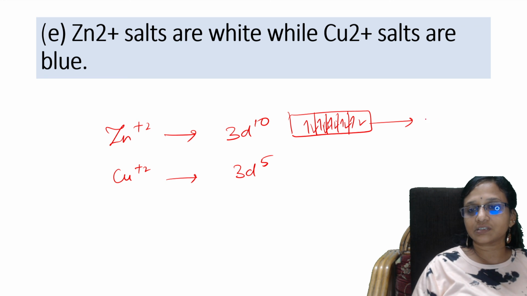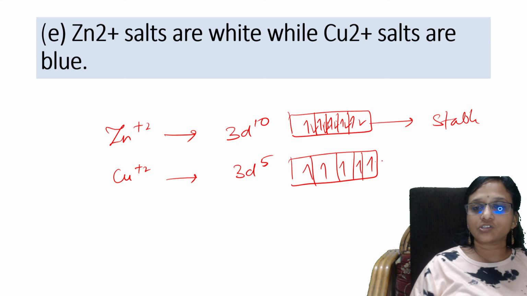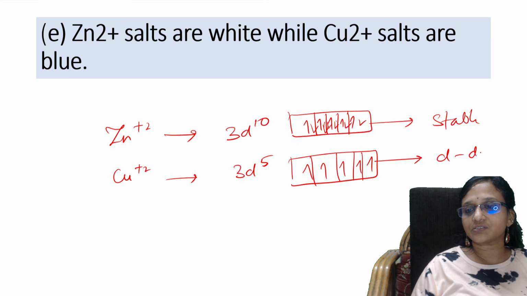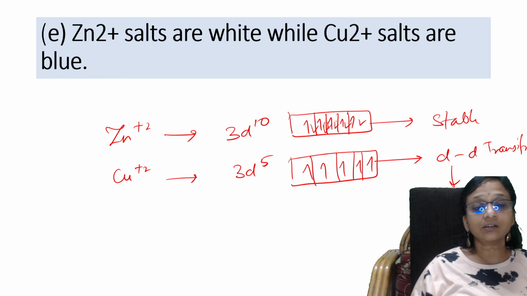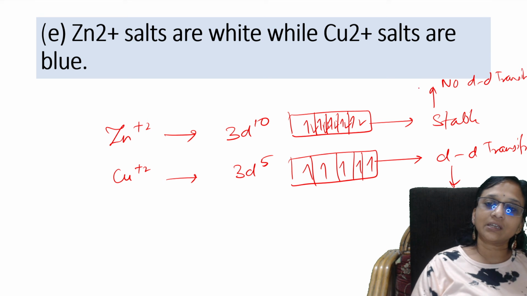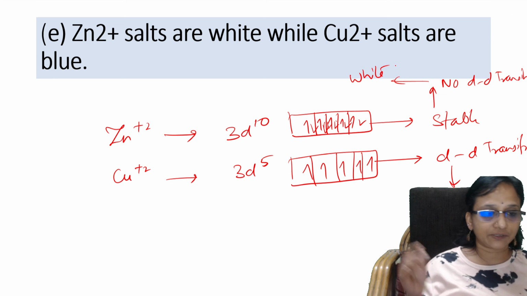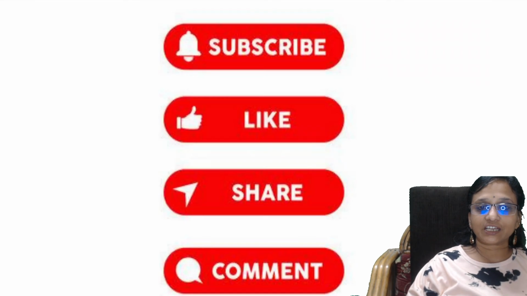So what will happen? d-d transition happens. When d-d transition happens, these salts are colored. Here, no d-d transition. That's why these are white. Done, students. Perfect.